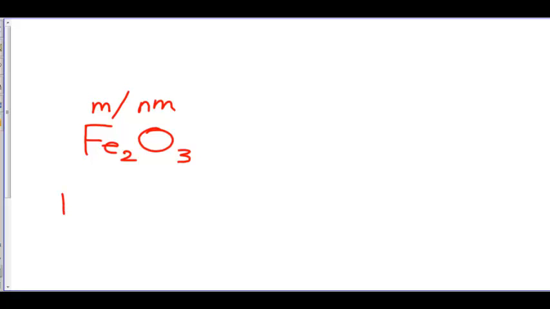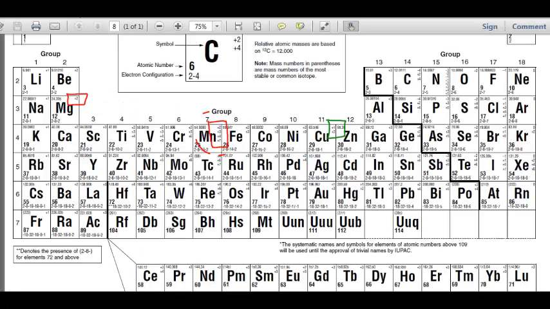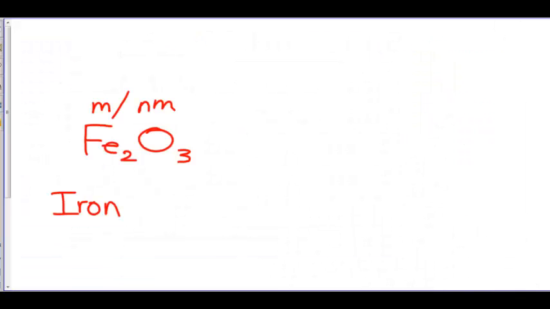So we can name our metal. Fe is iron, and then we will go look it up in our periodic table. Iron is right here. It has more than 1 charge in the box. If the metal has more than 1 charge in the box, you need parentheses after its name. Then we'll name our nonmetal, drop the ending, and add IDE.